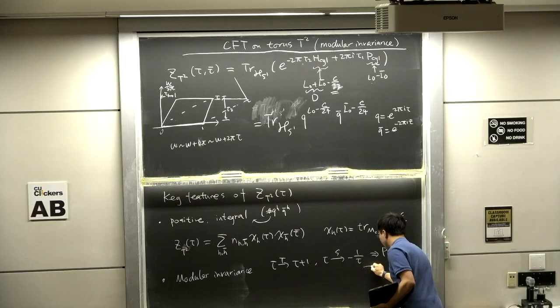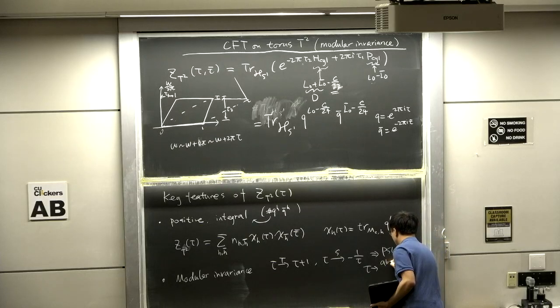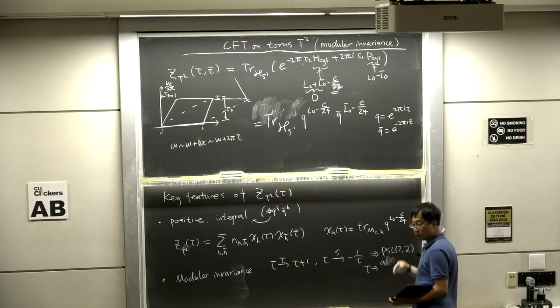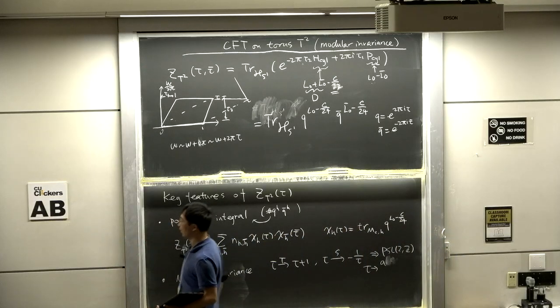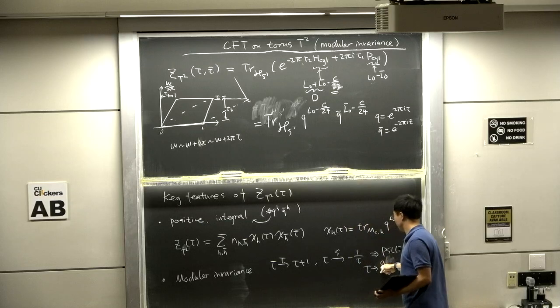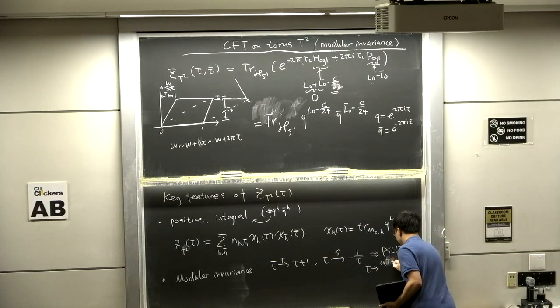They act on this complex structure modulus by a fractional linear transformation, much like the Mobius transformation that we introduced to describe the global conformal transformation. But the difference now is that the coefficients that enter in the fractional linear transformations are integers.